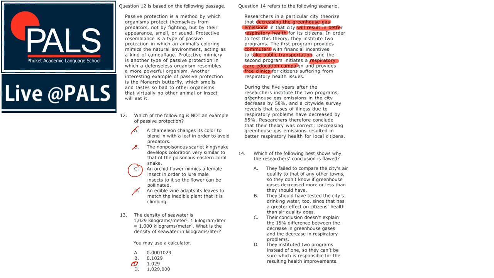During the 5 years after the researchers institute the 2 programs, greenhouse gas emissions in the city decreased by 50%, and a citywide survey reveals that cases of illness due to respiratory problems have decreased by 65%.